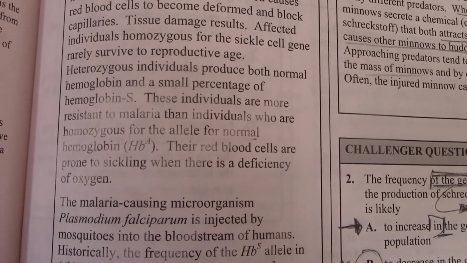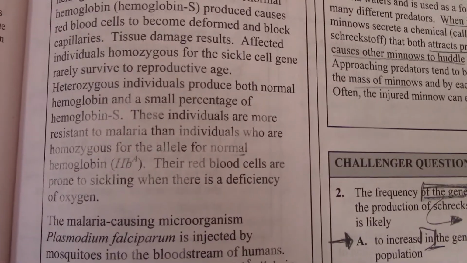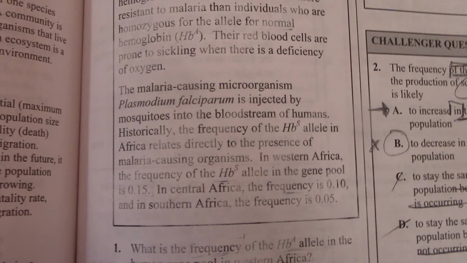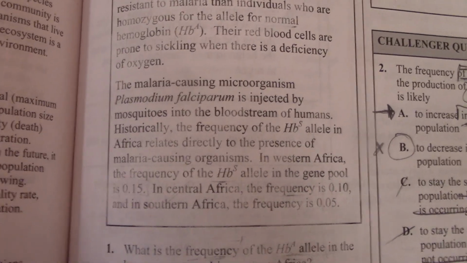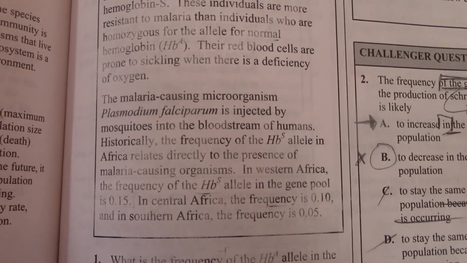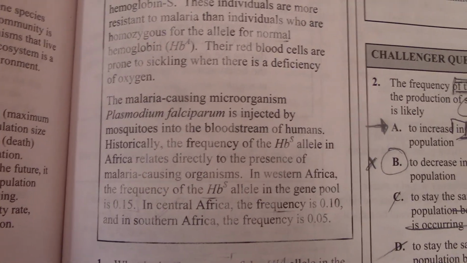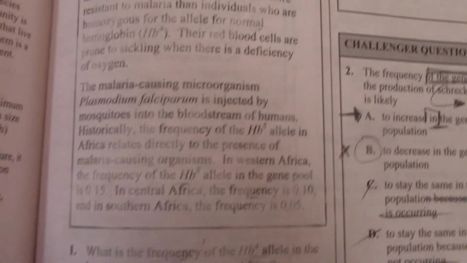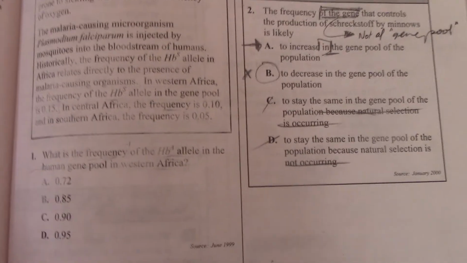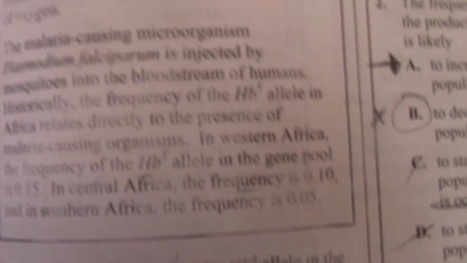Okay. The red blood cells are prone to sickling when there is a deficiency of oxygen. The malaria-causing microorganism Plasmodium falciparum is injected by mosquitoes into the bloodstream of humans. Historically, the frequency of the HBS allele in Africa relates directly to the presence of malaria-causing organisms. So we talked about heterozygote advantage yesterday, right?